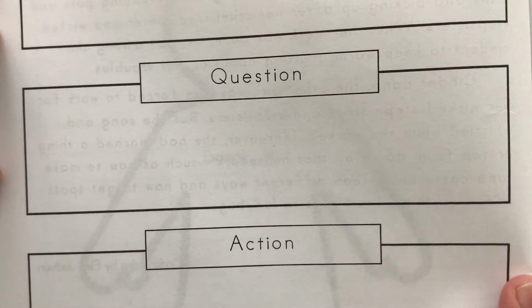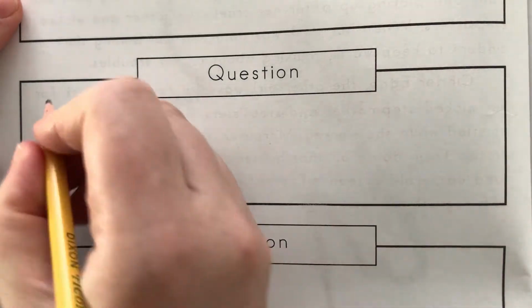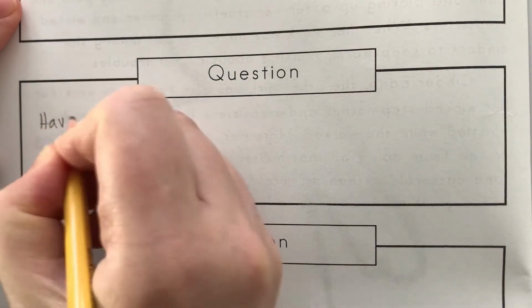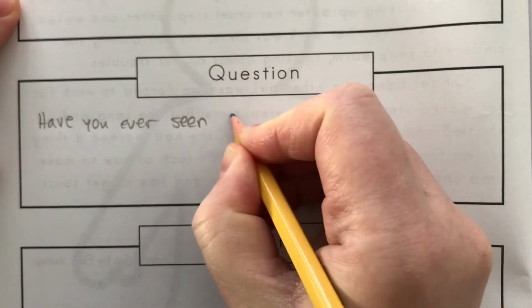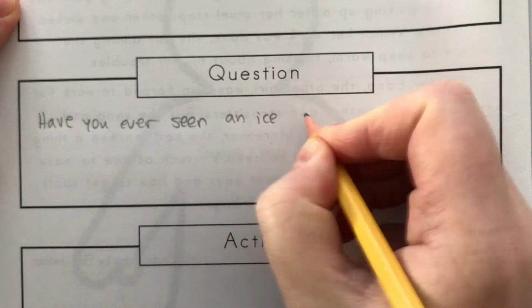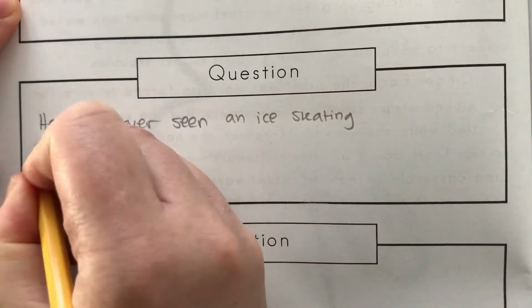Next, I'm going to think of a question I could use to start my story. Well, my story, part of it is about an ice skating competition, so I could bring that up. So maybe I could say, have you ever seen an ice skating competition?